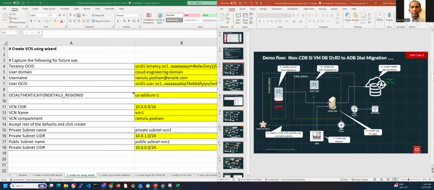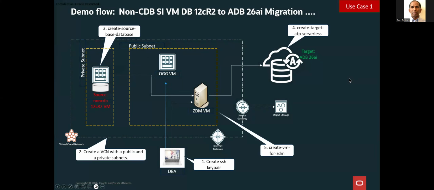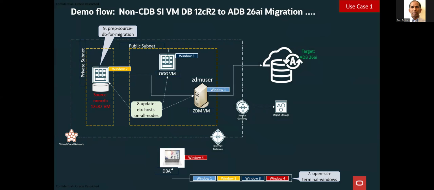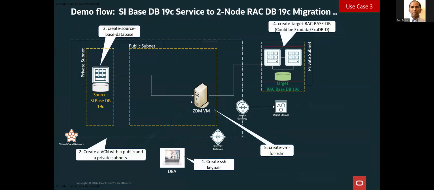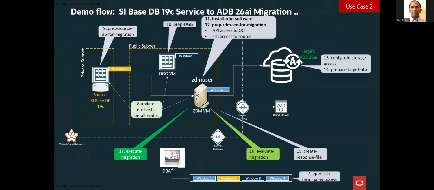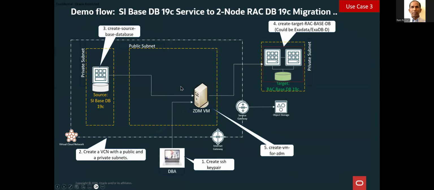But now what I'm going to show you is how to do the third use case, where you have a single instance 19C database, and we are going to migrate that to a two-node RAC database. This could be a two-node base RAC database, or it could be an Exadata, as I mentioned in my first video.